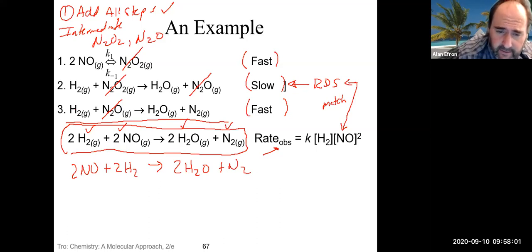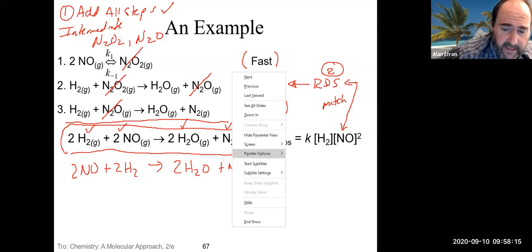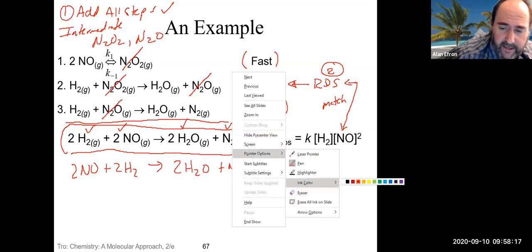The second thing that we need to make sure of is that the rate law for the slow step does equal the rate law that's found experimentally. So where we would want to start perhaps is the rate law for that slow step. We want to write what the actual rate law is for step number 2.